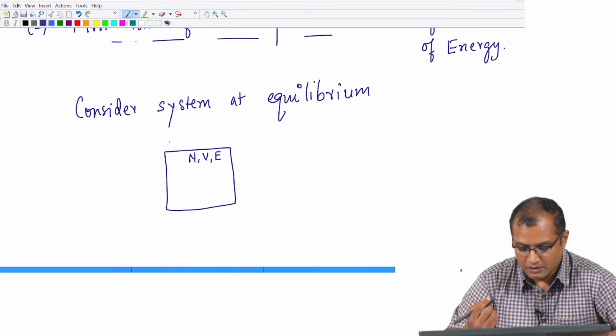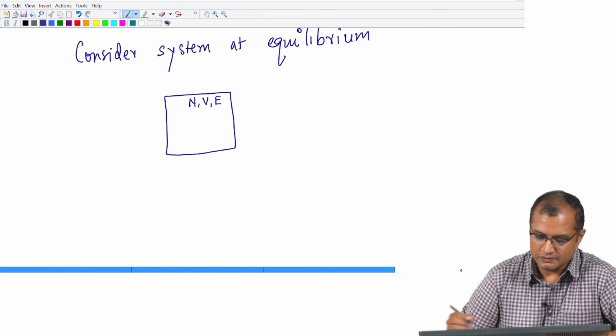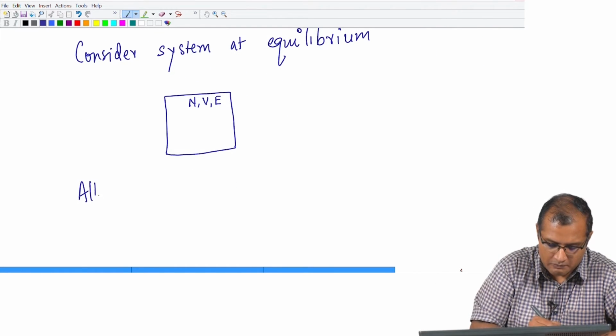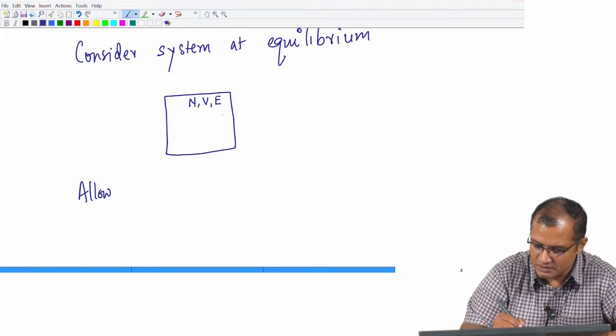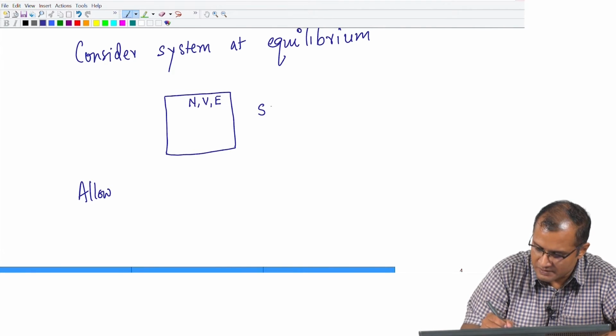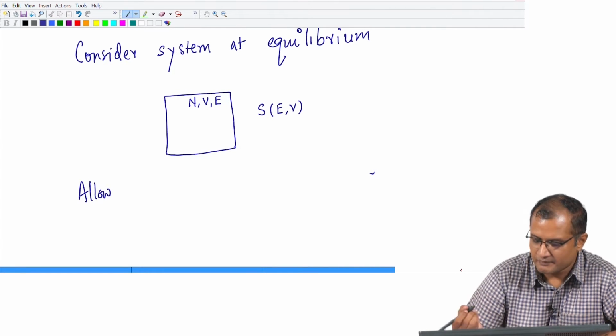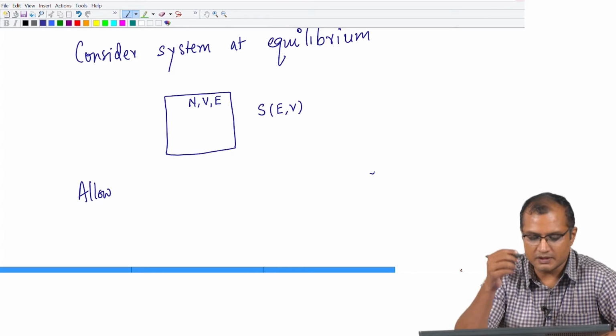So, at this stage let us say the entropy of the system was a function of E and V. We are keeping n constant.